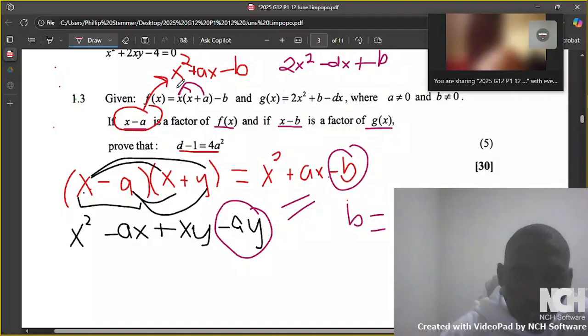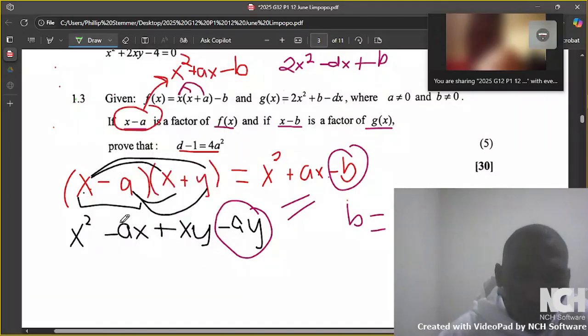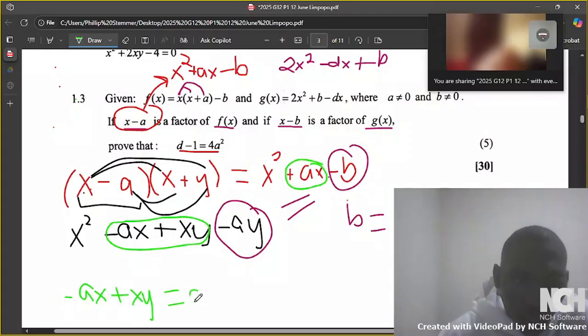Next, we equate the x terms: ax plus xy, that is, negative a plus xy, is equal to ax.